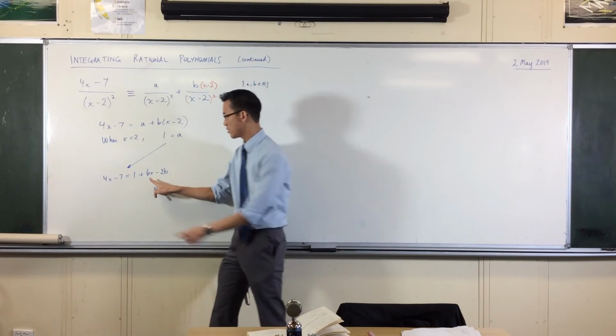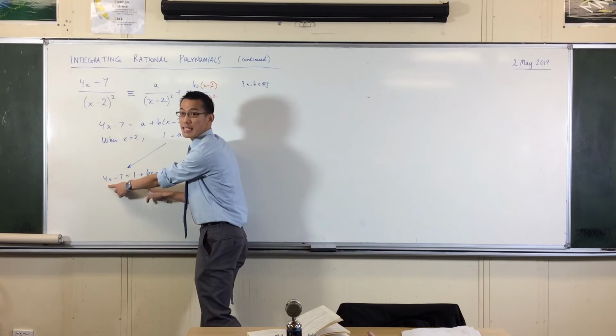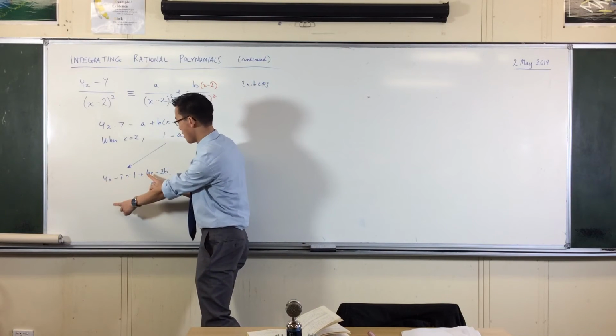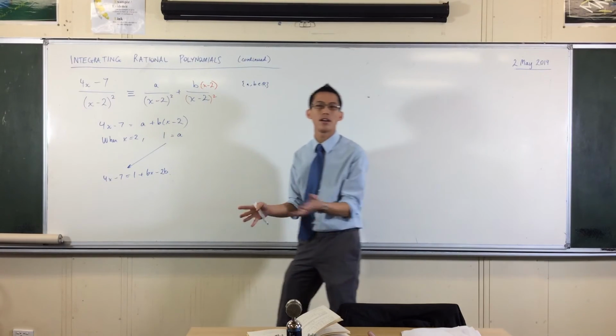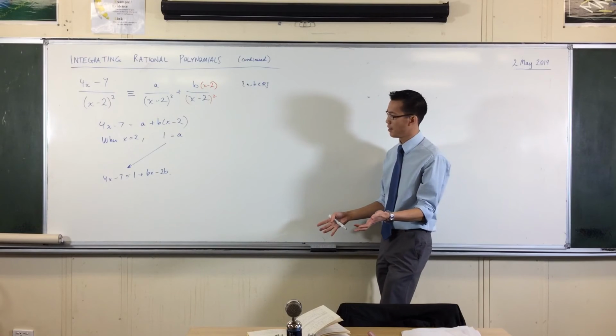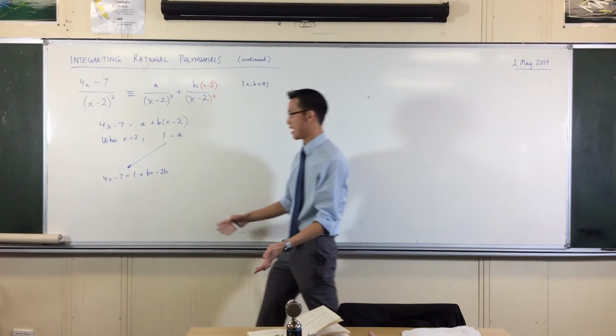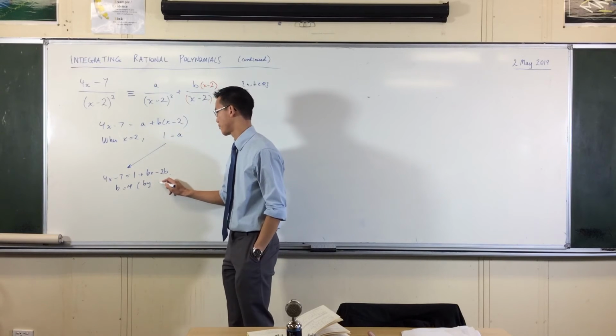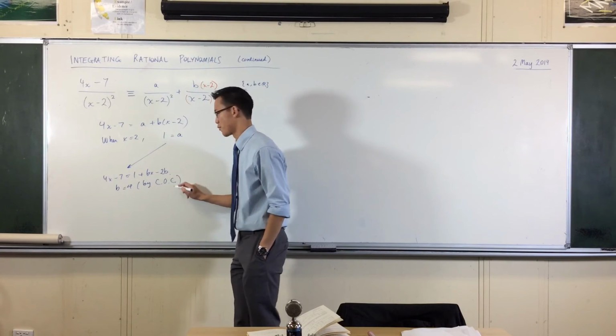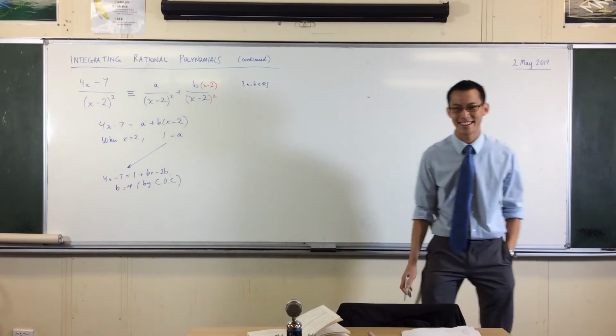What I'm really interested in is these. That makes the easiest, most straightforward comparison. There are 4 x's over here and b over here. They have to be the same, as there's nowhere else for the x's to come from. So just like in auxiliary angle, you can say b must equal 4 by comparison of coefficients. Don't write that, I'm just in a hurry. You see what's going on.